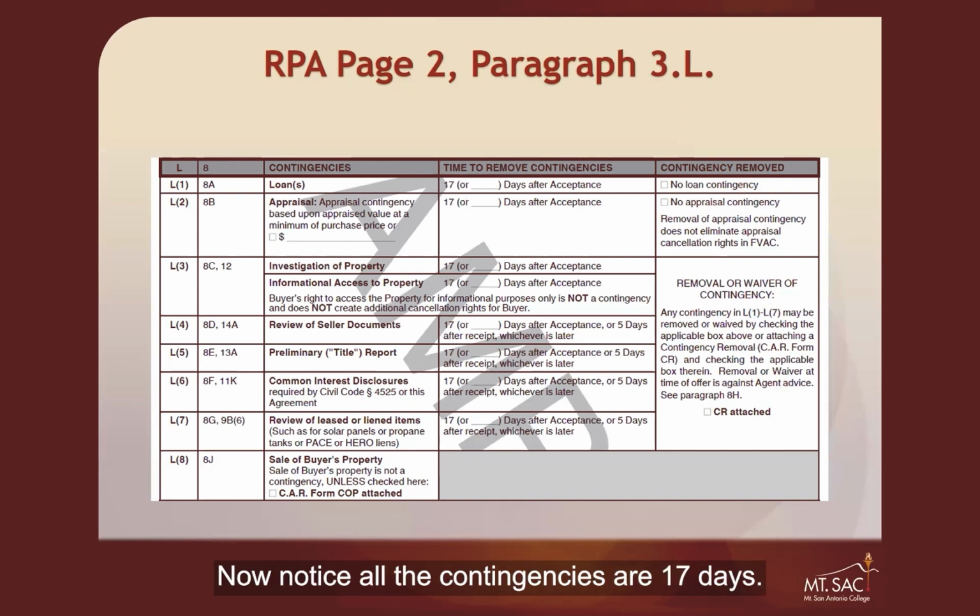Now, notice all the contingencies are 17 days. However, on those contingencies that require buyer action, all right, such as review of documents, review of the title report, common interest disclosures, leased or liened items, those are those solar panels that were put up there with a HERO or a PACE loan.